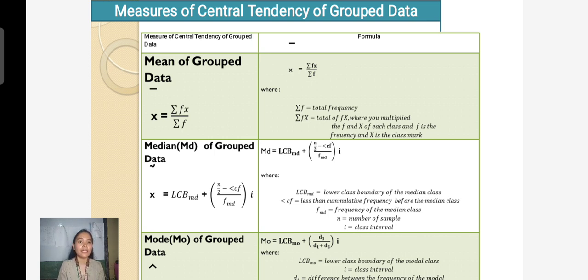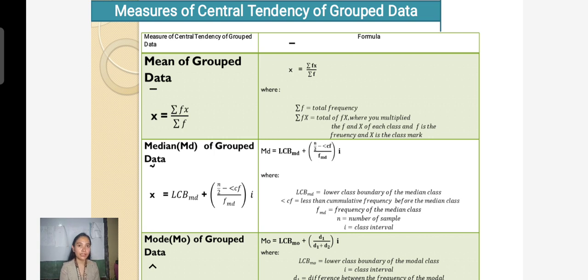Where summation of f is equal to the total frequency, and summation of fx is the total of your fx, where you multiply the frequency and the midpoint of each class and get the sum. So, makakuha na ka sa imuhang summation of your fx. Okay, f is the frequency and x is the class mark.